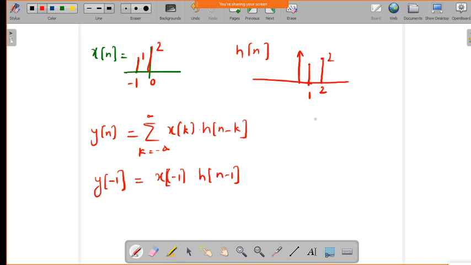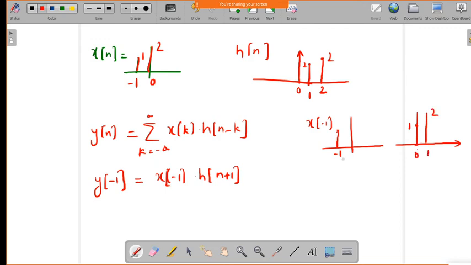Now what is x of minus 1? x of minus 1 will be 1 at minus 1. And h of, sorry, if you take minus 1 it will become h of n plus 1. If you shift h of n by 1, the amplitude value 1 will move to 0. So this will be 1, and you will get at 1 the 2.